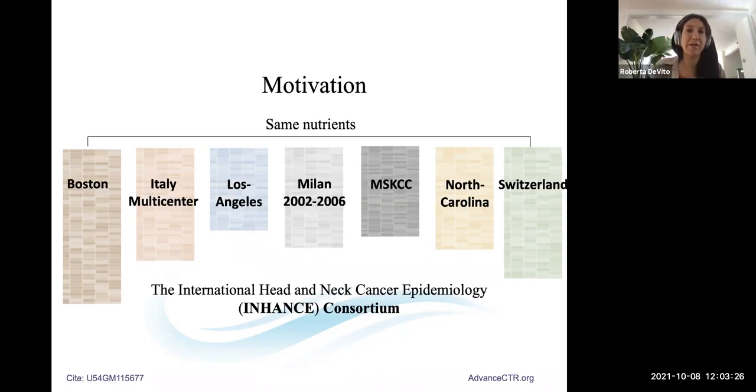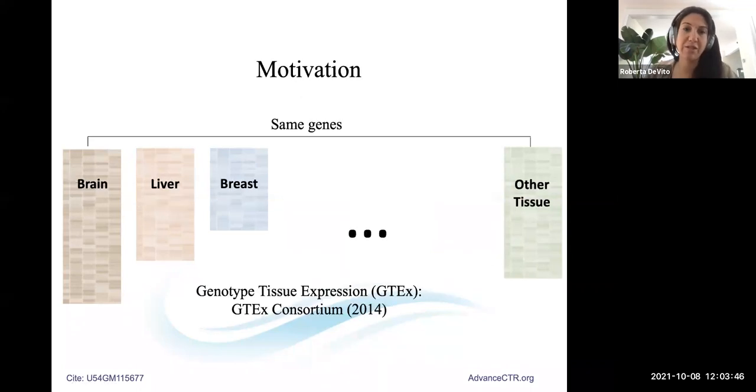Another motivation comes from nutritional epidemiological data, where you have, again, different populations coming from different countries. Here we have 4 from the United States and 3 from Europe, where you can find the same nutrients measured across these different populations.